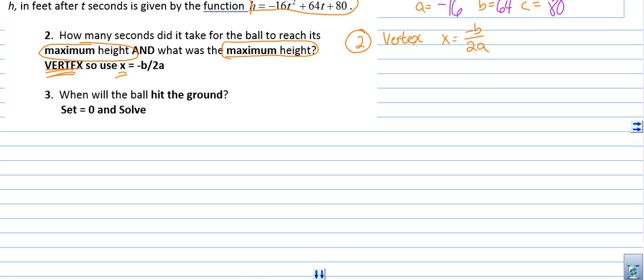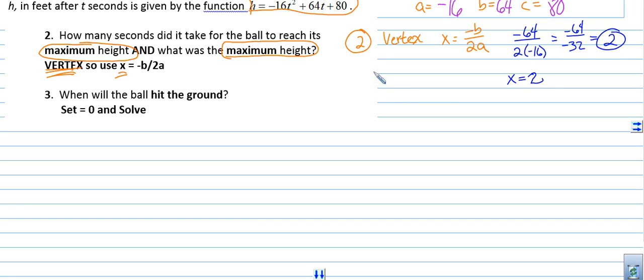Now we plug that in: the opposite of 64 is negative 64 over 2 times negative 16. So that's negative 64 over negative 32, which equals 2. So our x equals 2.